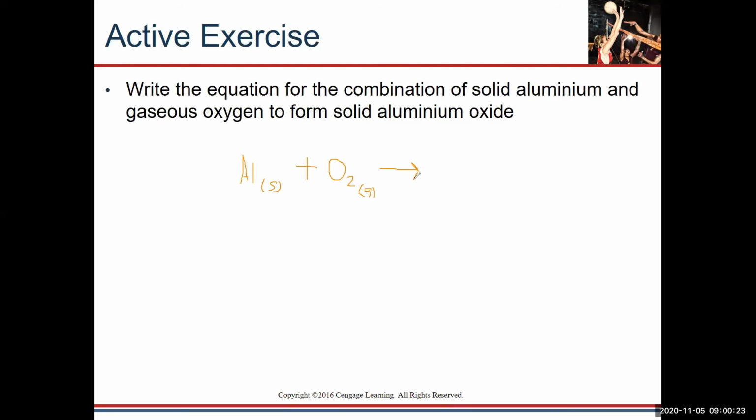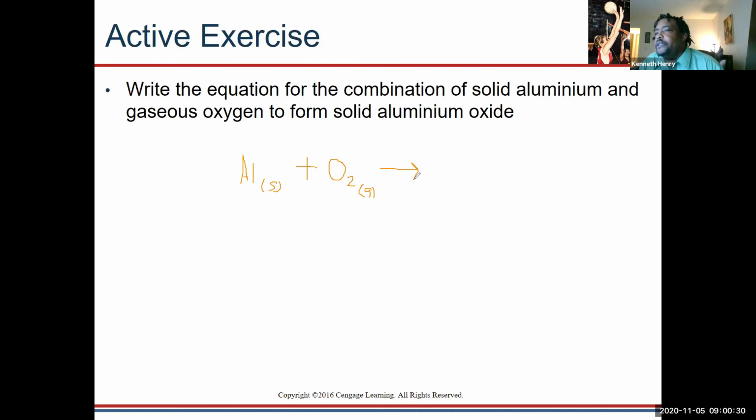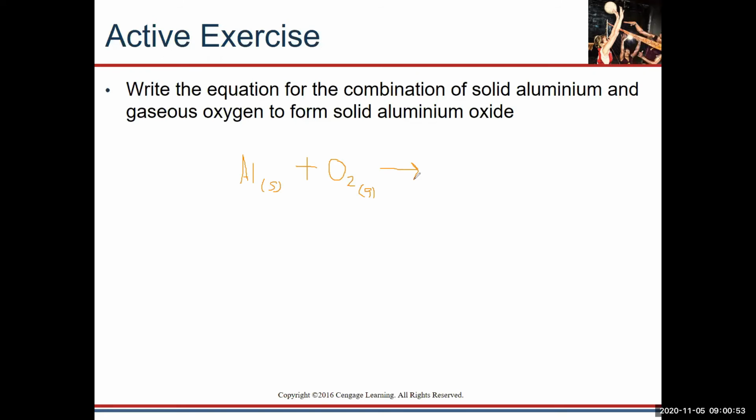So what are we forming? Melissa, what are we going to be making? Would it be aluminum oxide?